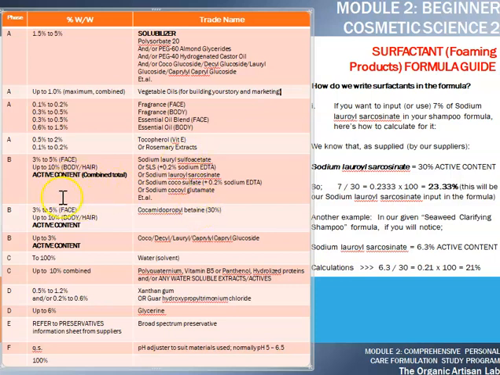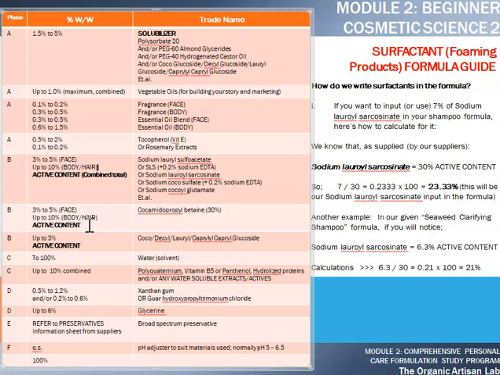Then we have how much total combined active content you can use, and how much of a specific surfactant you're allowed to use when creating something for the face and something for hair and body. It's all listed here. You also have how much of our anti-irritant, cocamidopropyl betaine, we use so that our anionic surfactant will be less irritating.